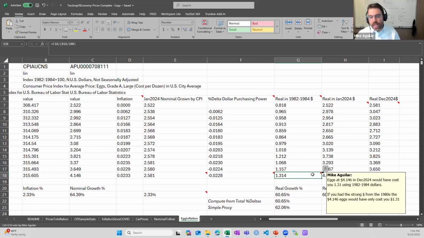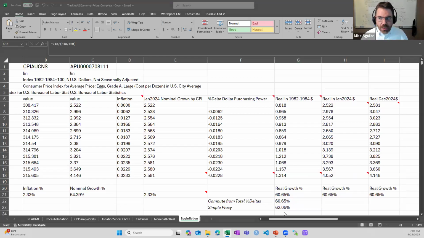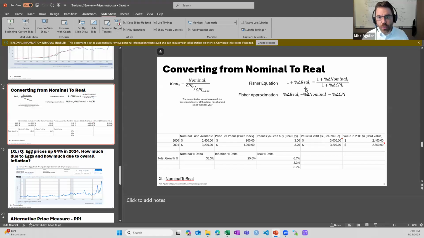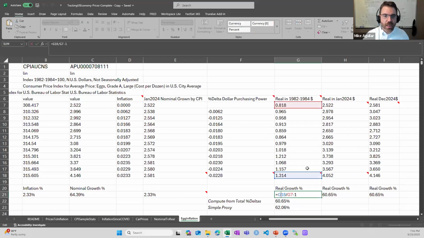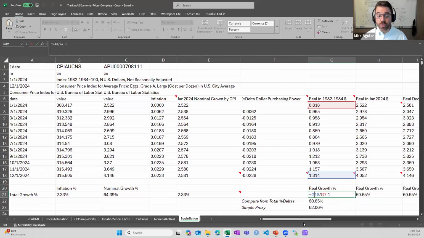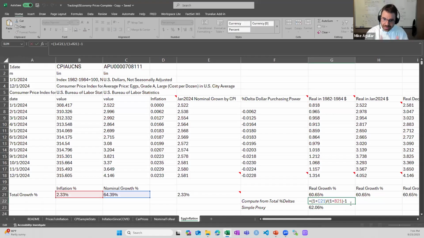So I can decompose that. Take a look. Remember we had over here, go back to the slides, the Fisher equation: 1 plus the percent change in the real is the growth rate gross of nominal over the growth rate gross of inflation. You could actually take G18 divided by G17, that's the growth in real, but you can use the proxy to exactly derive that.